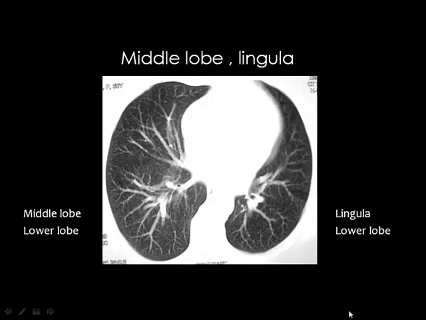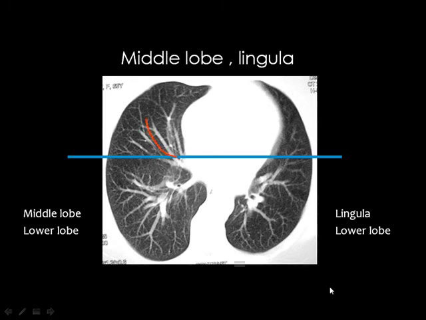Good. Then, here you are cutting in the heart, no trachea, and no mainstem bronchi. Then you do a sectional line like this, anterior 1/3 and posterior 2/3. This area belongs to the lingula, and this area belongs to the middle lobe, and this is the lower lobe on both sides.